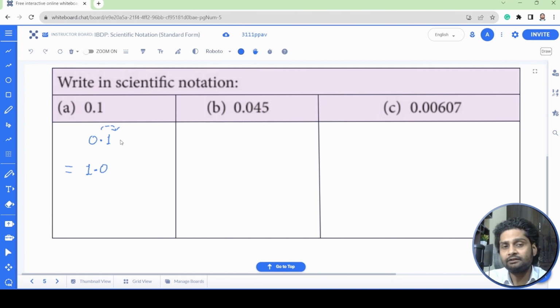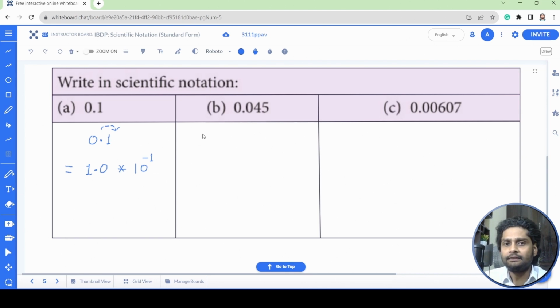Because I shifted the decimal towards the right side, and just because I shifted 1 digit only, I have to apply an exponent of 1, but make sure to apply a negative sign because we tried to make a smaller number into a bigger number. See, 0.1 is smaller and 1 is bigger comparatively. So to compensate that, we need a negative exponent.